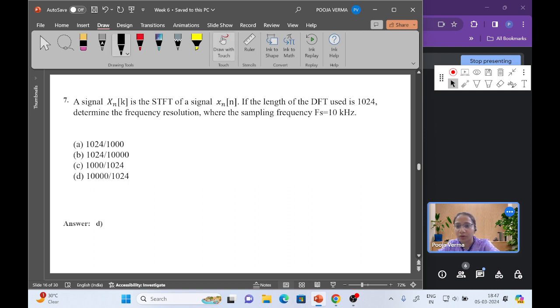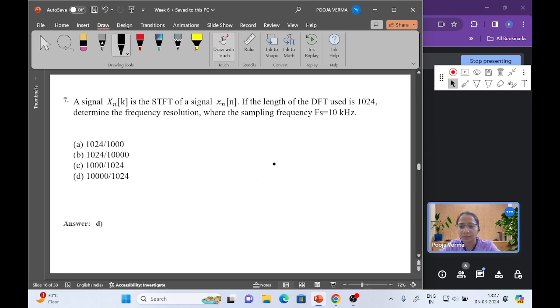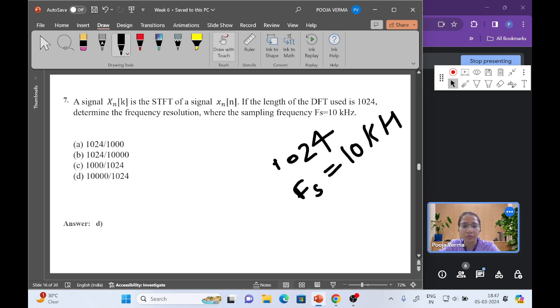So already you know this, I think. The length of the DFT is 1024 and the sampling frequency is 10 kilohertz.